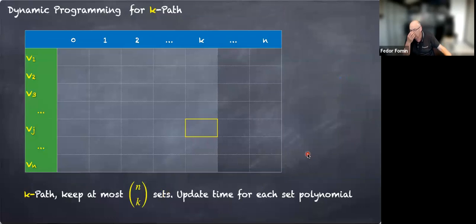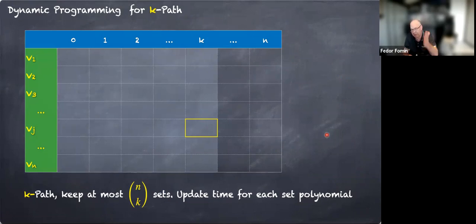Okay, so now let's change the game. Suppose I want to find a k-path. What do I have to do? I don't have to compute the whole table. I can stop at the kth column of the table. However, how many sets do I have to keep?